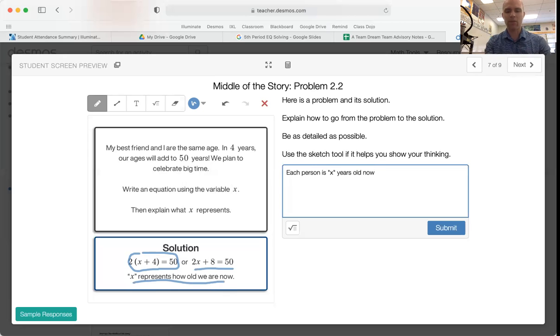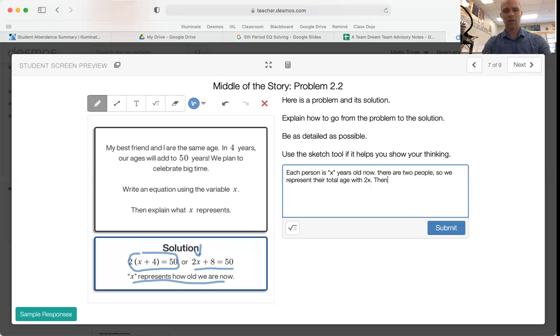So I'll say X years old now. There are 2 people, so we represent their total age, or maybe I should say the sum of their ages, but we'll say total age with 2x, right? 2 times their age, and that's what we have down here in this equation right there.